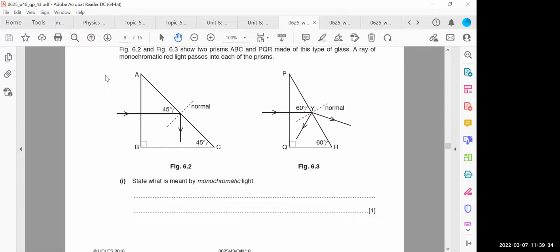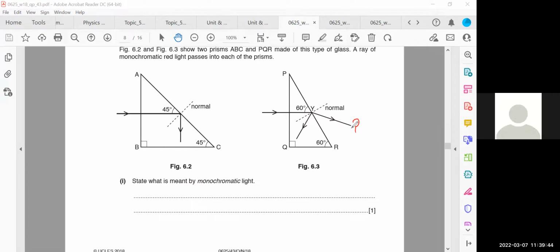Jordan, what is the name given to this ray that passes from the prism into the same medium, air, outside the medium? Refracting. Yeah, refraction is taking place.